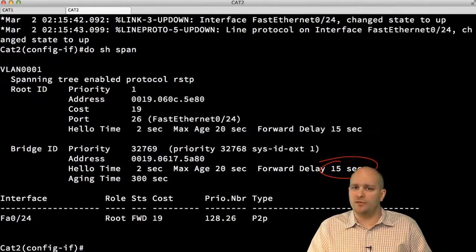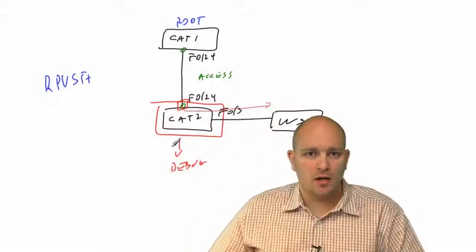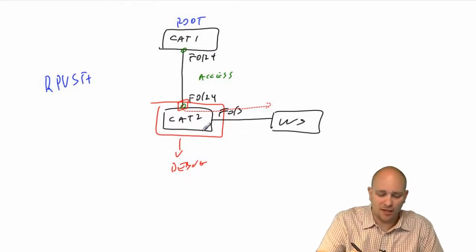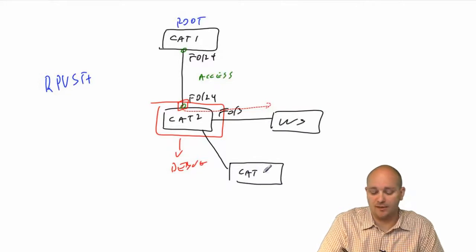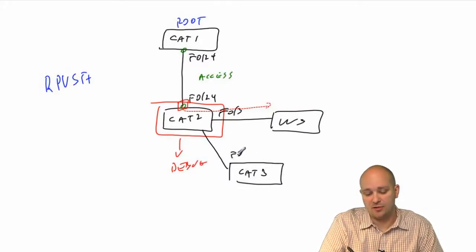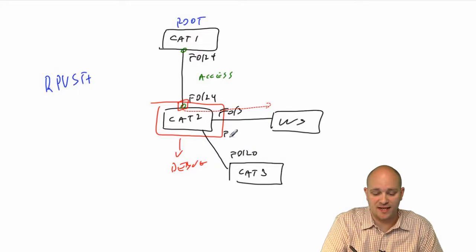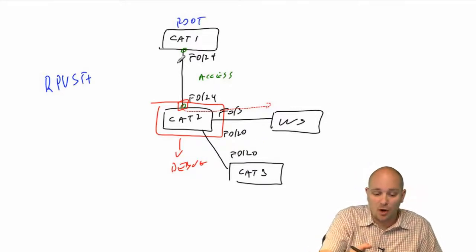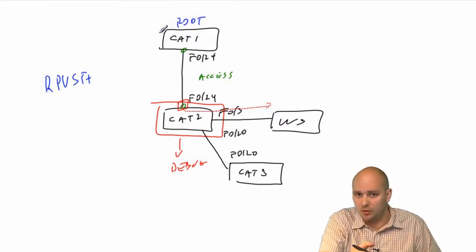What happens when we add the third switch? I'm going to add Cat3 to the mix here by connecting it directly to Cat2. This is going to be connected on FastEthernet 0/20 on both sides. I'm not going to change any configuration that pertains to root election, so Cat1 is going to remain the root here.